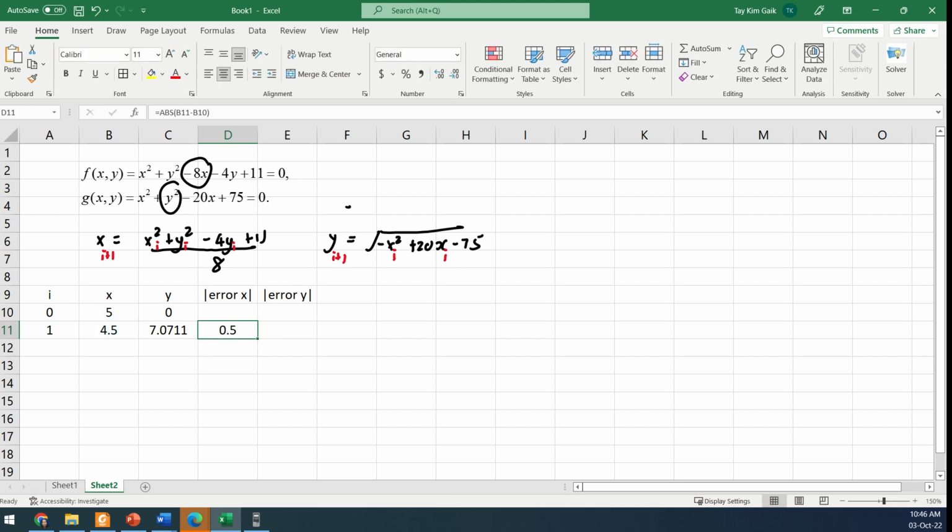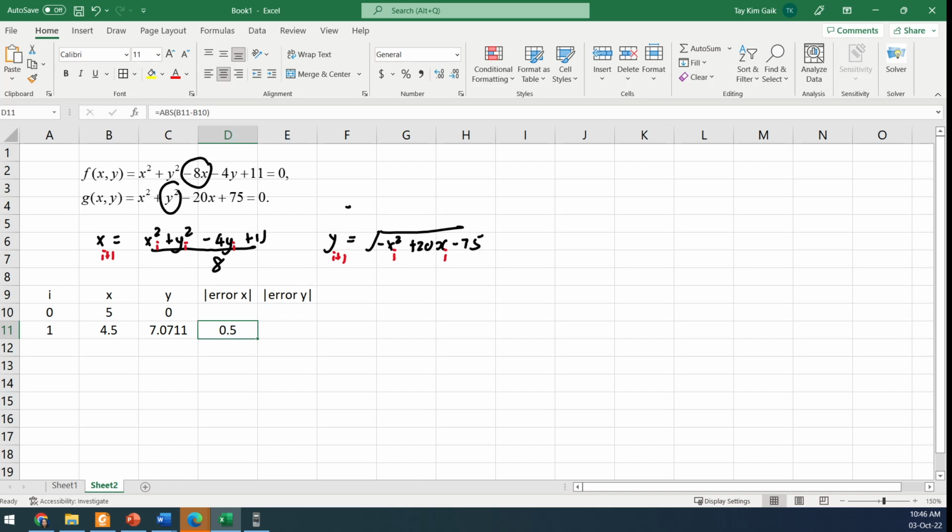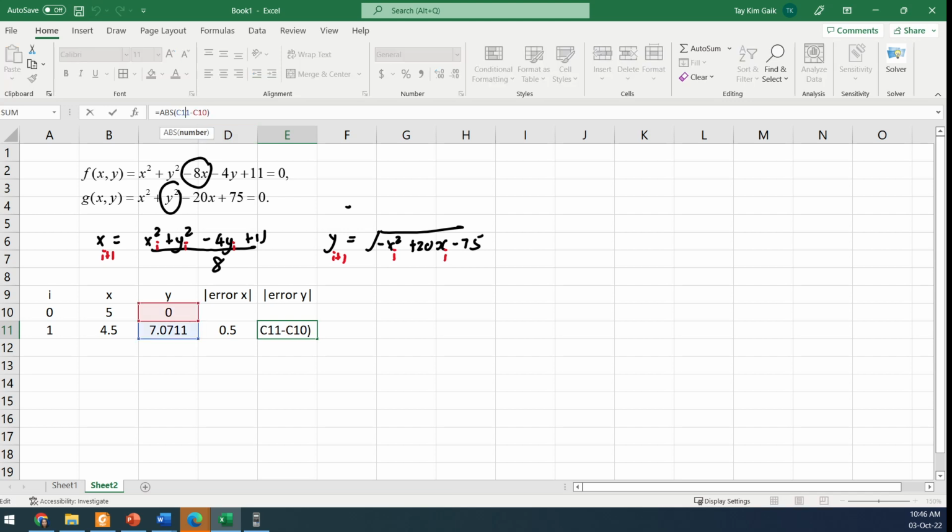So I can copy and paste. Why can we copy it down in Excel? We can copy it to the left or right, because they have the relative column property. Here you see the formula: initially you take the absolute B11 minus B10. When you copy it, the pattern will be followed. When you copy to the next column, column B becomes column C, and the row value is maintained.